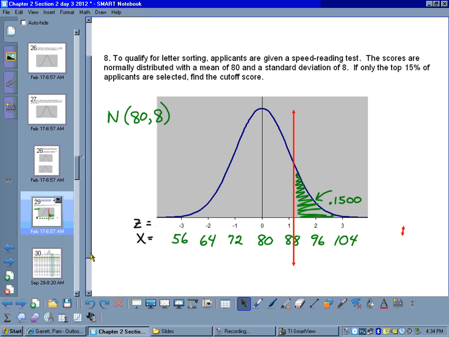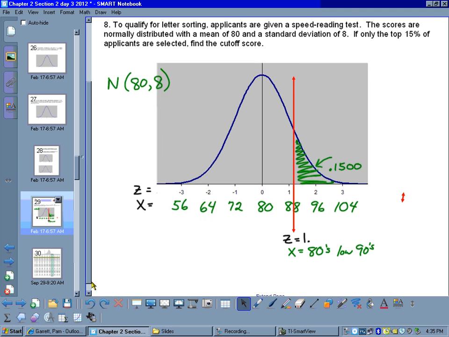From here, I can guess that my z-score is going to be 1 point something because I'm just over the 1 mark, and I can guess that my raw score is going to be in the 80s or low 90s. So I'm just going to put that in as a guess to remind myself: high 80s or low 90s.